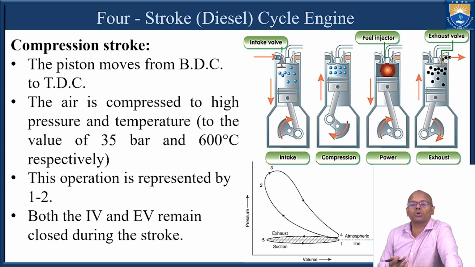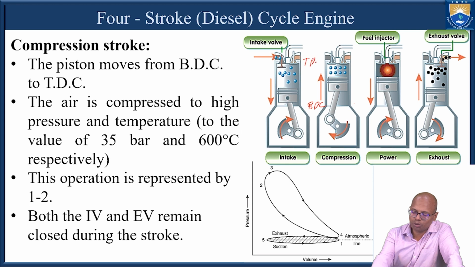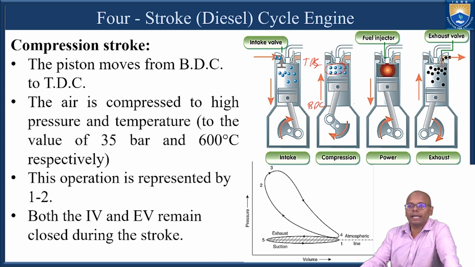So what is the next stroke? The air that is taken inside the cylinder gets compressed when the piston moves from the bottom dead center to the top dead center. The pressures and temperatures are very high because of the compression ratio, and the air reaches almost 35 bar and 600 degrees respectively.